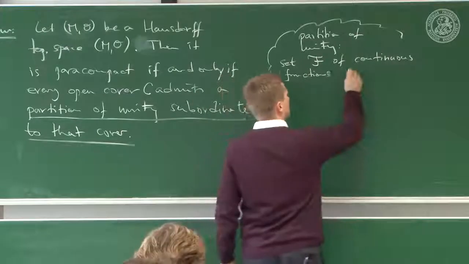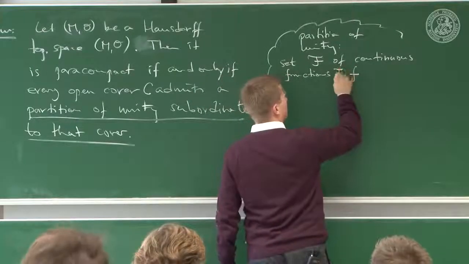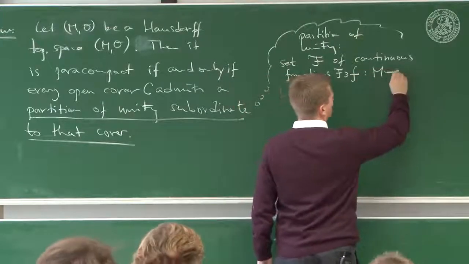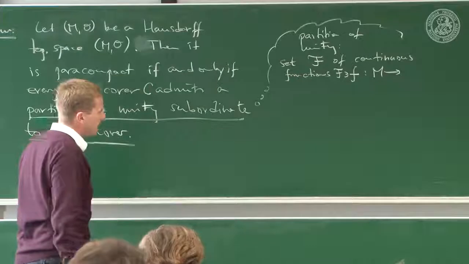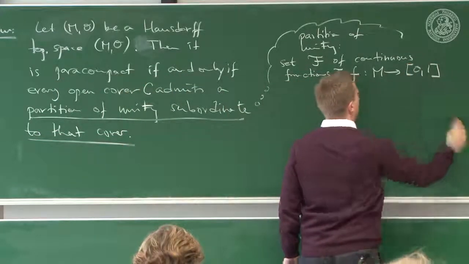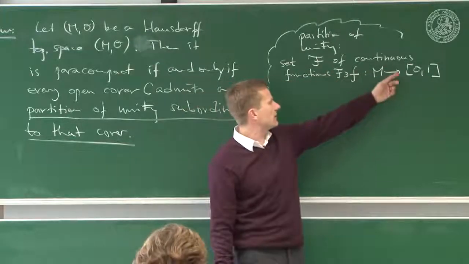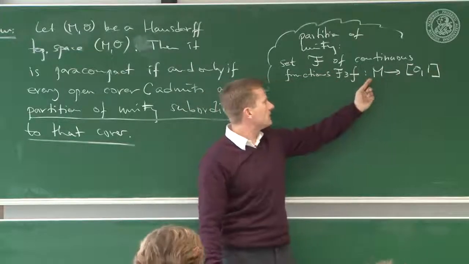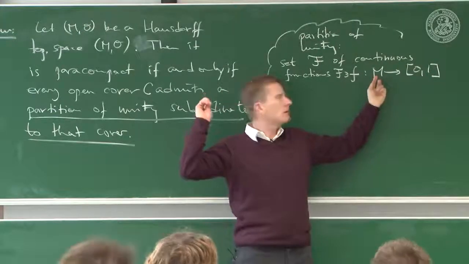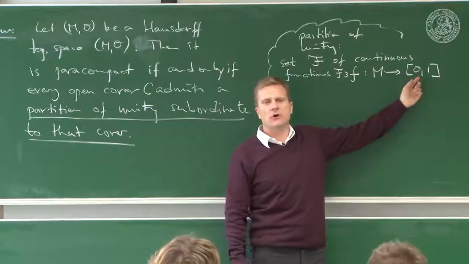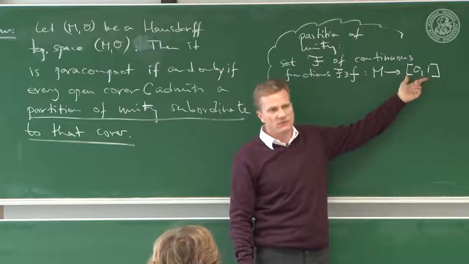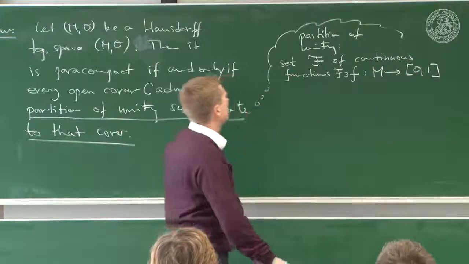Let's say one such f, small f, goes from M to the interval [0,1]. Obviously I can only speak of continuity if I know the topology on M. Well, I do. It's O. And I know the topology on the interval [0,1]. Well, that's of course the induced subset topology from the real line, because I said nothing different.